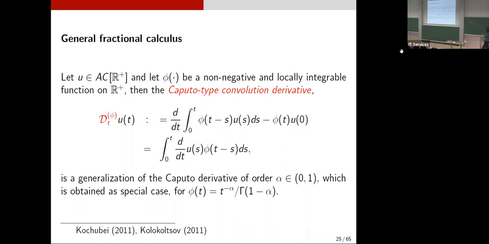So in the symbol of this operator, I put this phi, which is not an order of differentiation, as in the Caputo classical case, but it refers to the kernel that I choose for this operator.